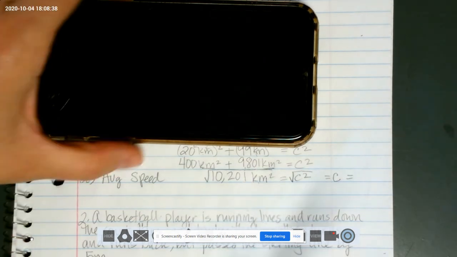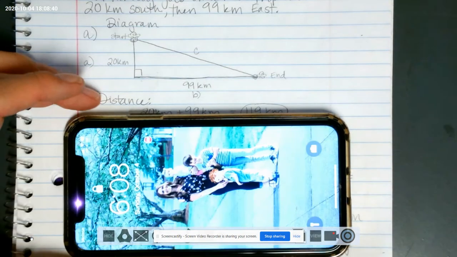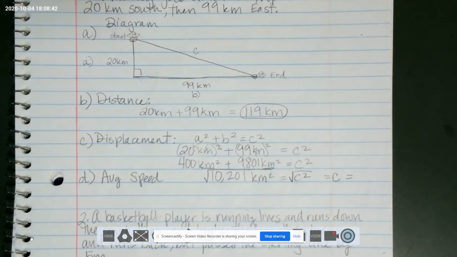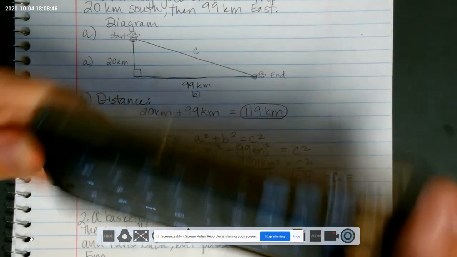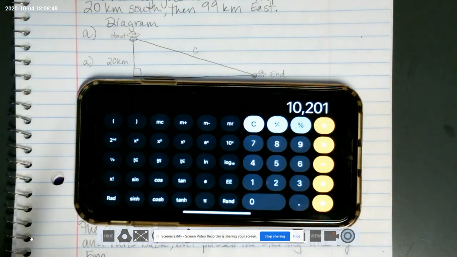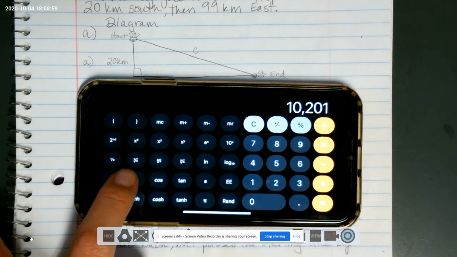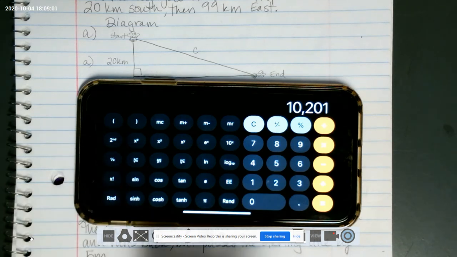What is the square root of 10,201? Since I already have it plugged in, I'm going to flip my calculator and hit the square root button. There's nothing magical you can do if you don't have a scientific calculator for square root, but most of the dollar store calculators have a square root button. In this case, it's this x with the square root sign and a little 2 on the inside.